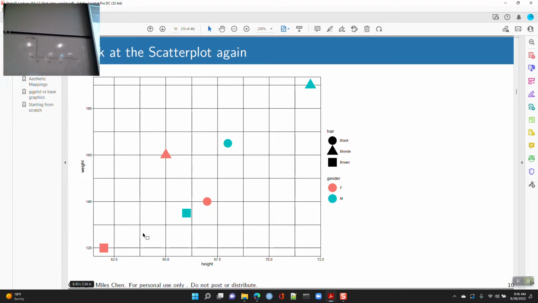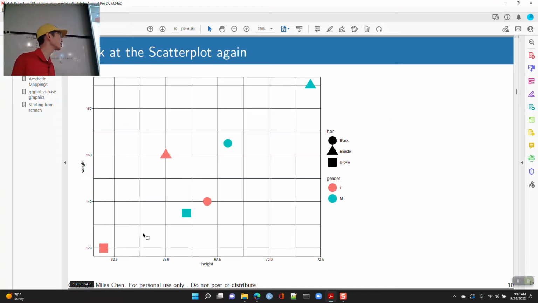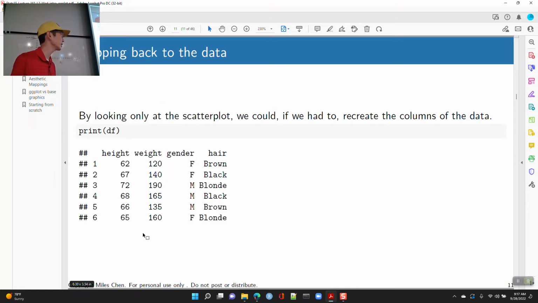This person has a height of 66, a weight of 135, male, brown hair. Okay? And you can go through every single data point and we can recreate the data. Right? And that is just as important, to be able to go from the graphic back to the data space.